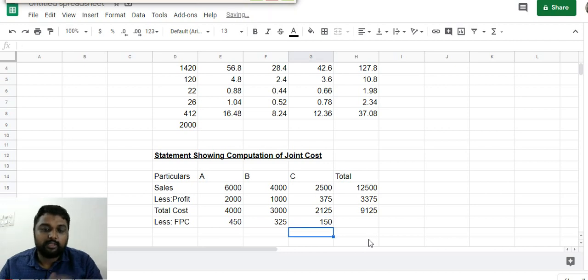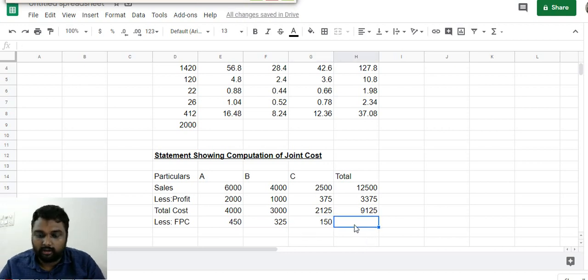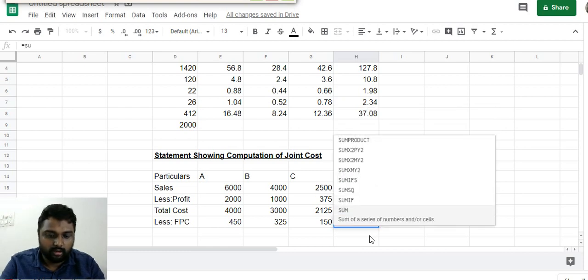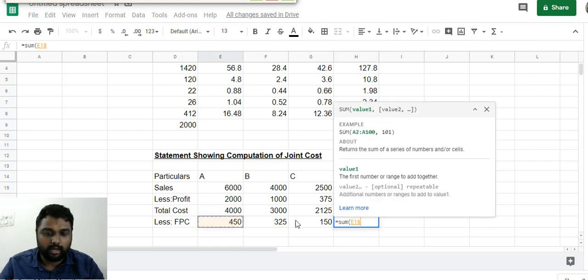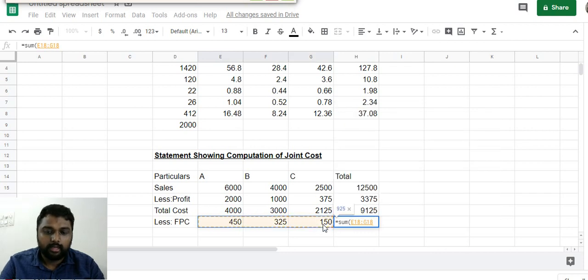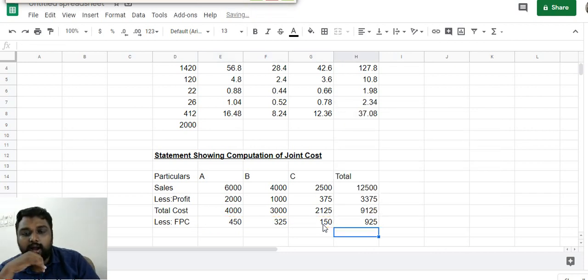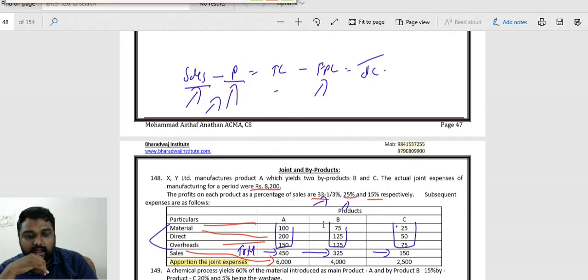See, there is a speciality under joint cost. You can counter check whether your answer is correct or not. How? The question has already given the joint cost. The already given joint cost is 8,200, which has to tally.